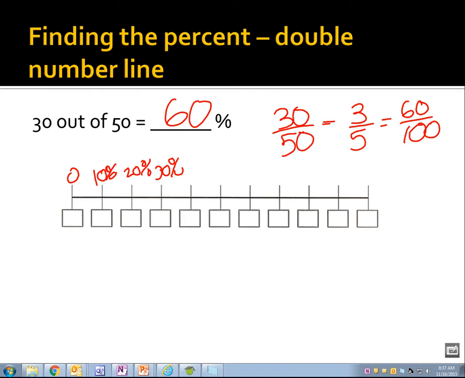What Hunter did, for those of you who didn't quite follow, Hunter realized that 10% of 50 is going to be 5. So that means 20% is 10, 30% is 15, and so on.